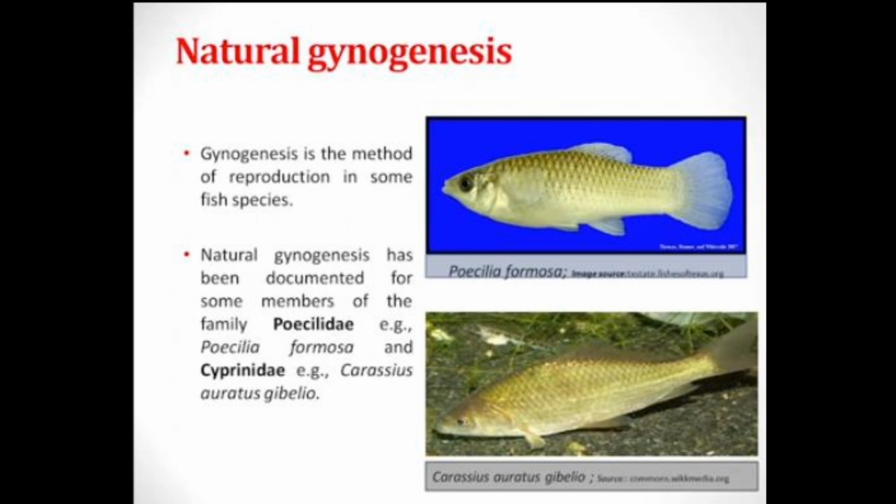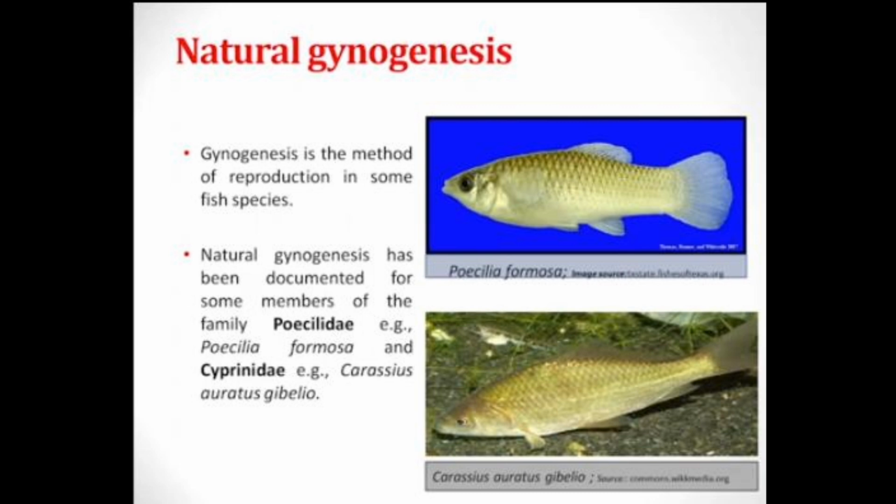Natural gynogenesis is a type of asexual production where the egg develops into the embryo without being genetically influenced by sperm. However, sperm is required to activate the egg, but it does not contribute genetically to the offspring. As a result, the offspring are clones of the mother as they inherit only her genetic material.